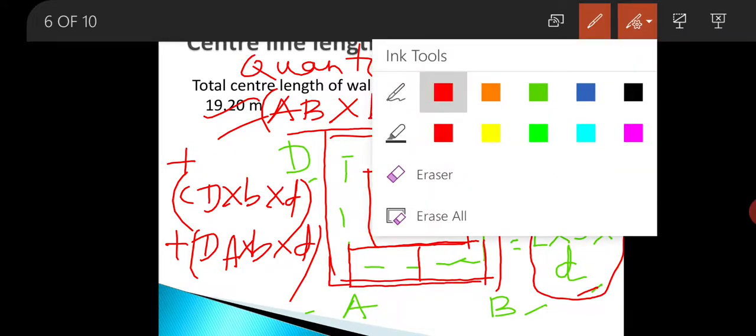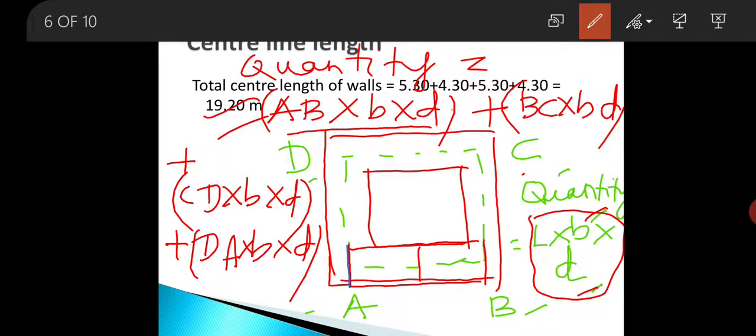Let me show you this in another color. So AB into B into D means this blue portion. Similarly, second one is BC into B into D.